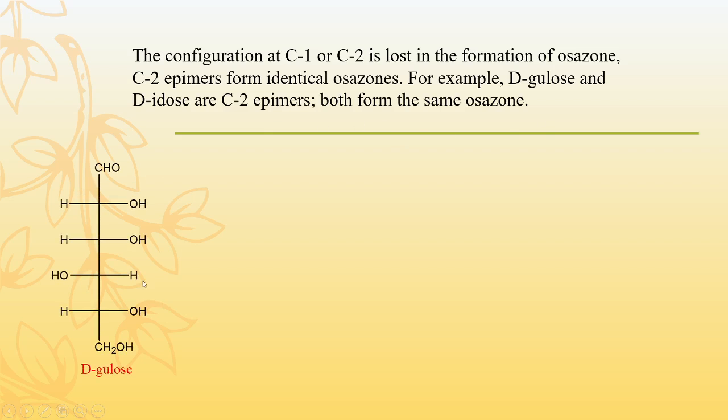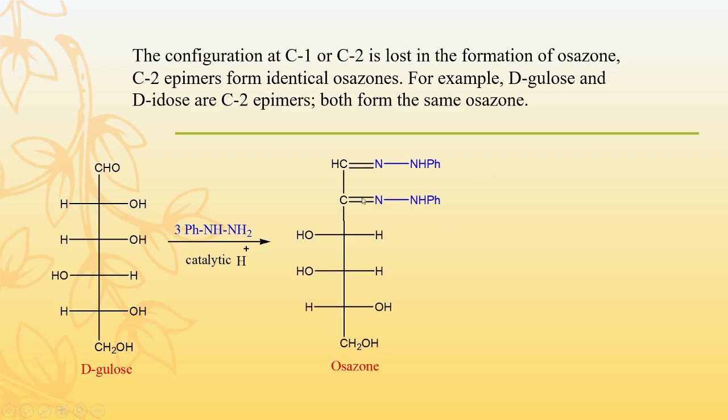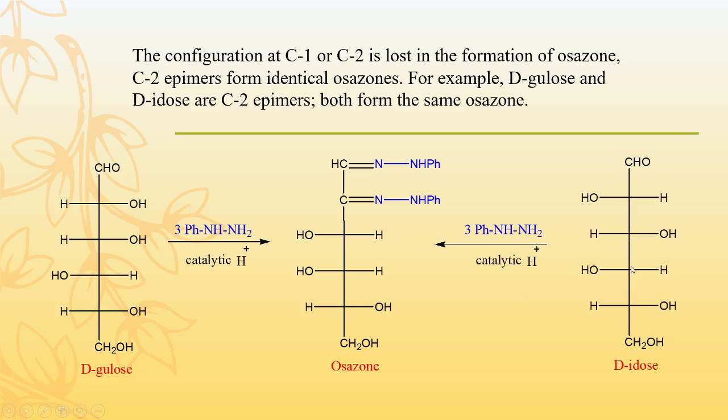You can see the structure. This is the structure of D-glucose, and when it is reacted with three equivalents of phenylhydrazine, it forms the osazone like this. And here we have D-idose, and when D-idose is reacted with three equivalents of phenylhydrazine in catalytic H+, we also get the same osazone.